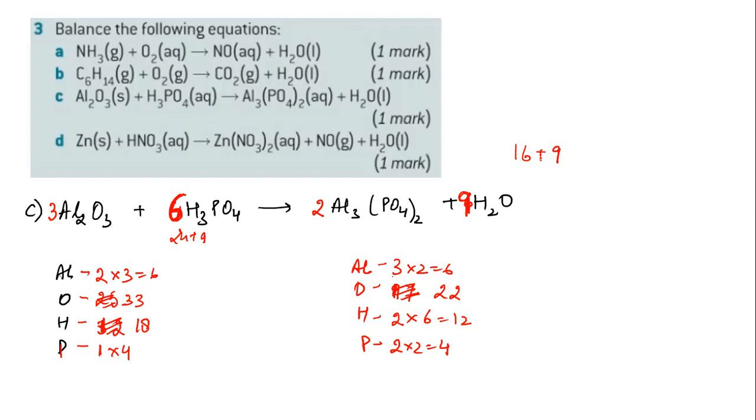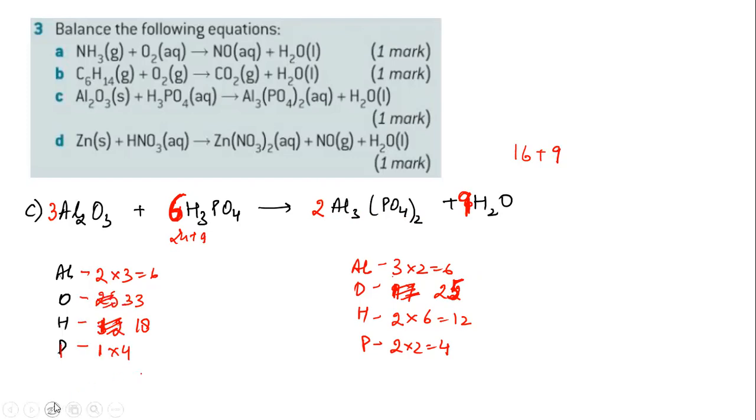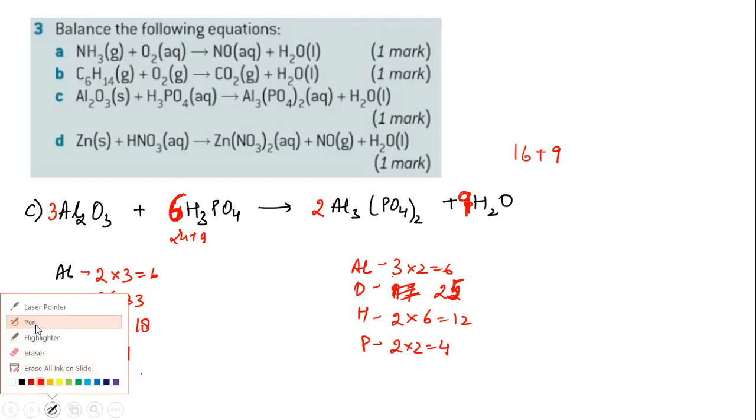So wait, oh yeah, 25. Earlier it was 25 only, so why multiply it by something? Wait, one second. Something went wrong.